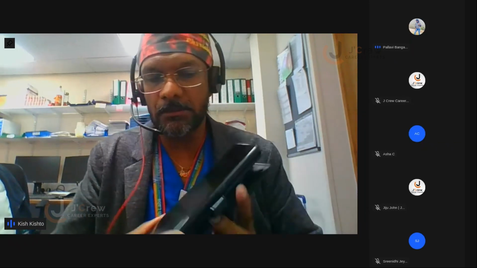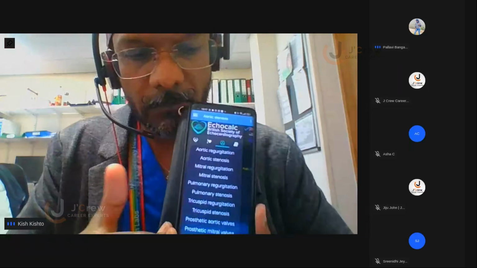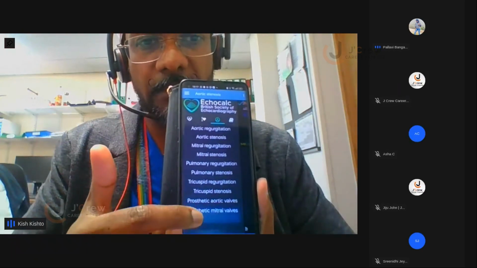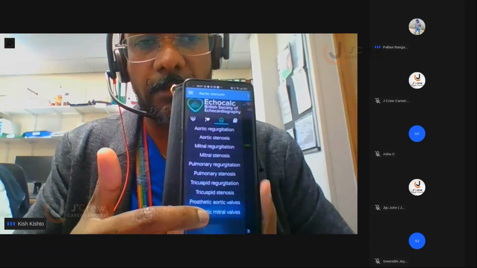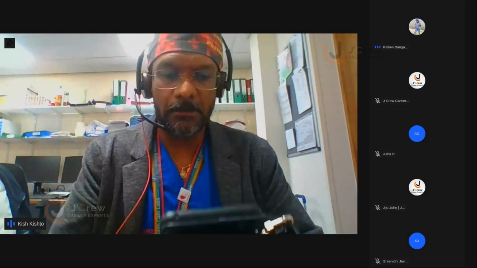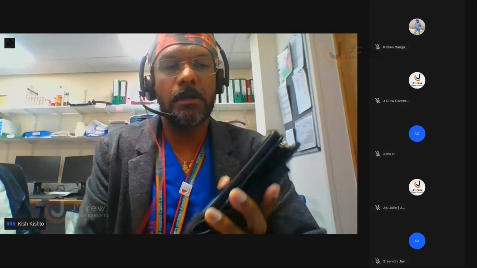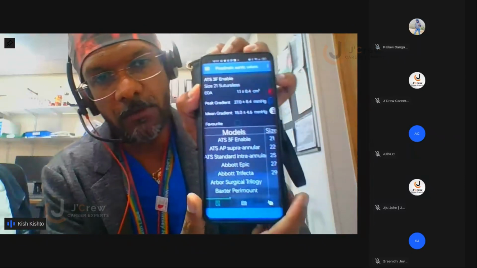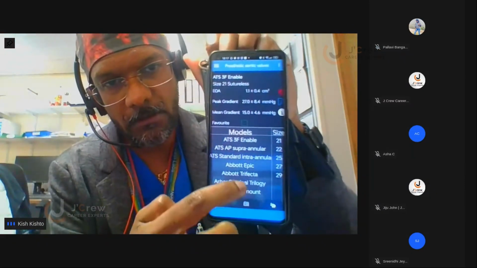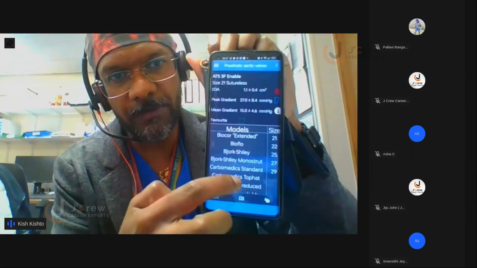When we go to the valve, at the bottom it will say prosthetic valve measurements. When you click on that, let's say prosthetic aortic valve, it will give you all the types of valves that you use.